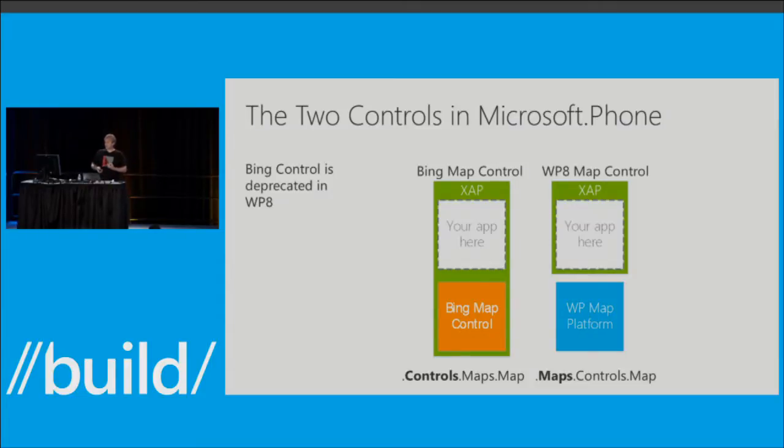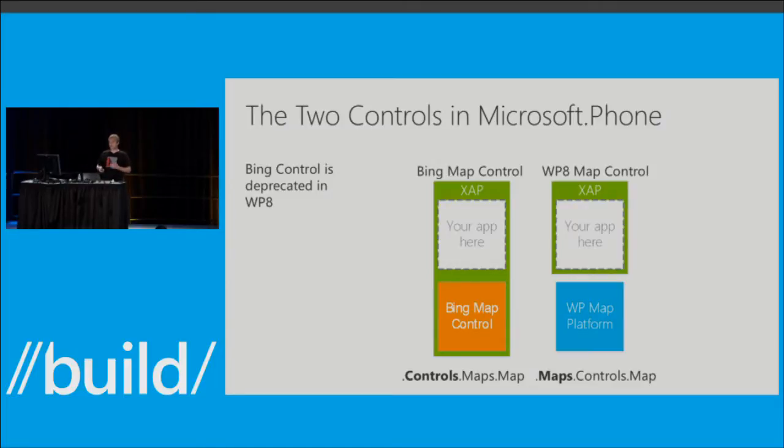One thing I drew on here is the green box. That shows what actually lives inside your app. So when you use the Bing map control, you're including a DLL when you add a reference to it that includes that DLL in your app container. And so there's a couple megabytes there that you're handling. And then on the flip side, with the Windows Phone map control, the OS has the map control in it, and you're just accessing OS resources to show that map.